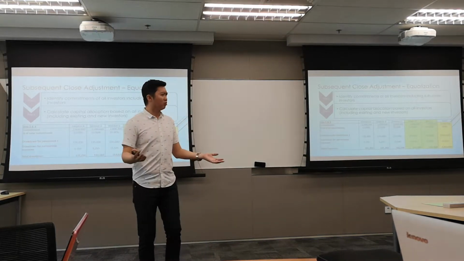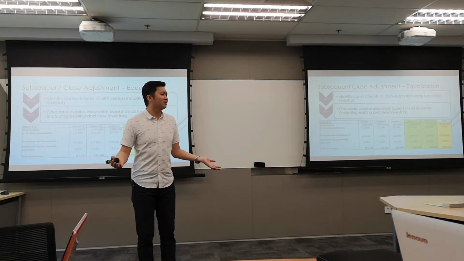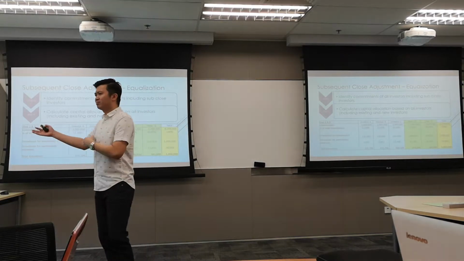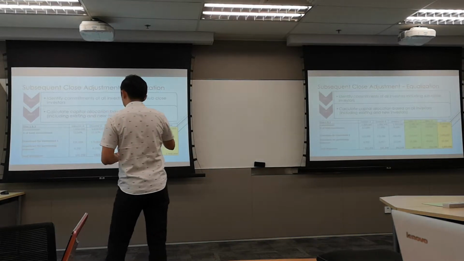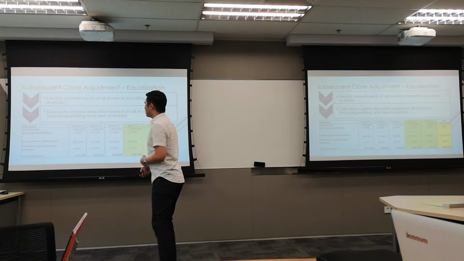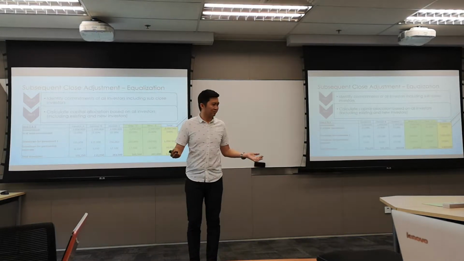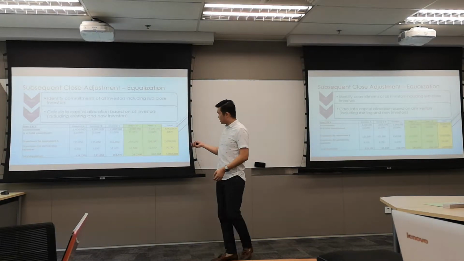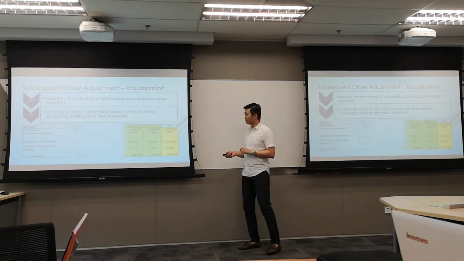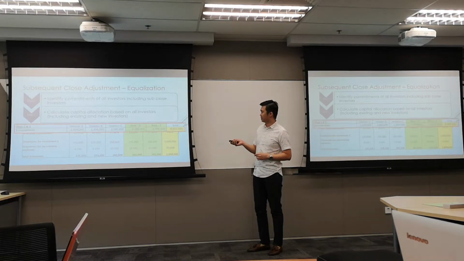But as we know, you guys don't come in on day one. You come in subsequently, much later. So how do we balance it out? This is where the next steps come in.